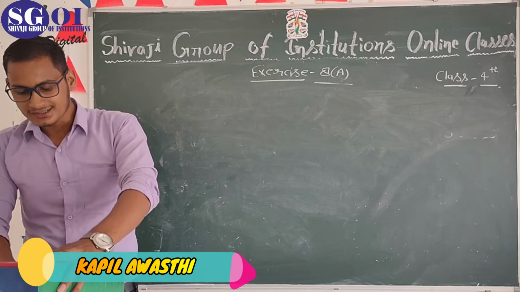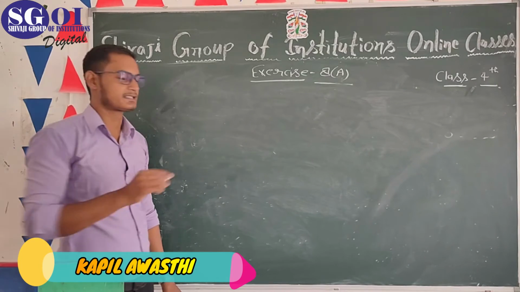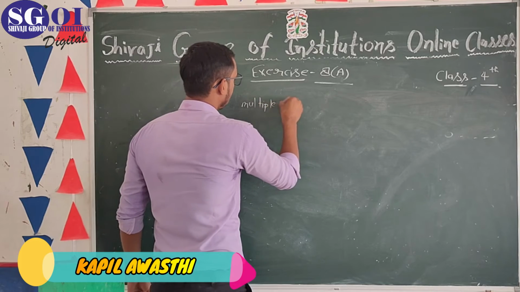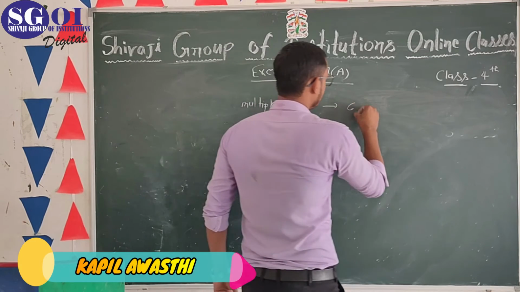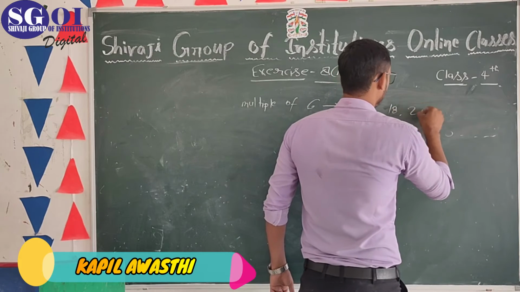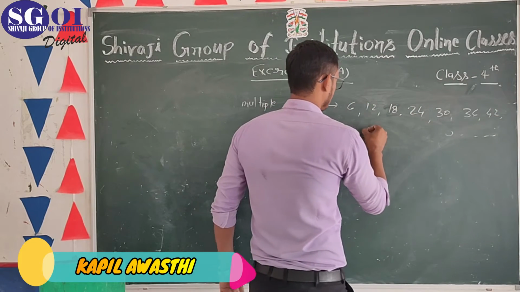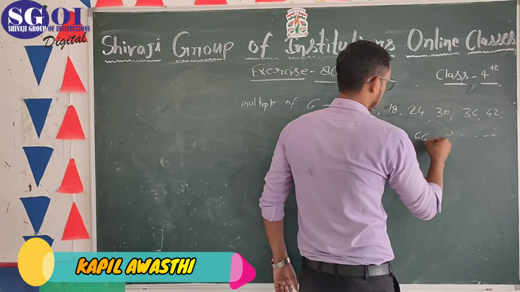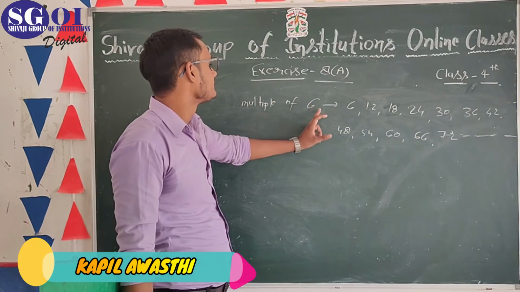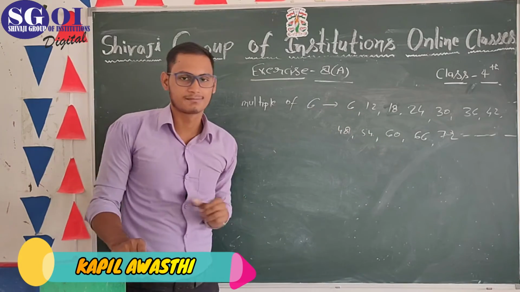Next, 60 is the greatest multiple of 6. No, 60 is not the greatest multiple of 6. The multiples of 6 are 6, 12, 18, etc. So we can say that 60 is not the highest multiple of 6.